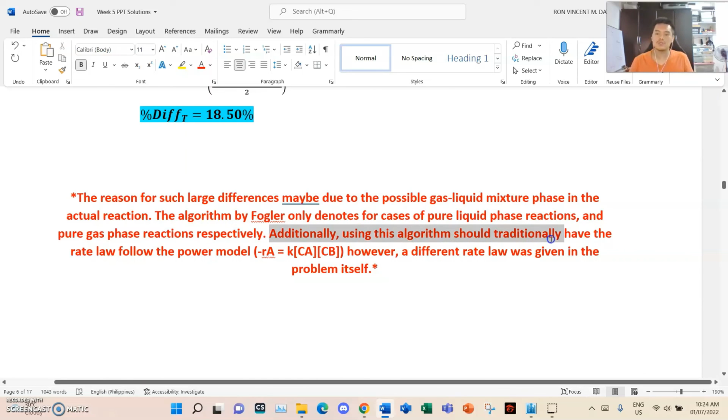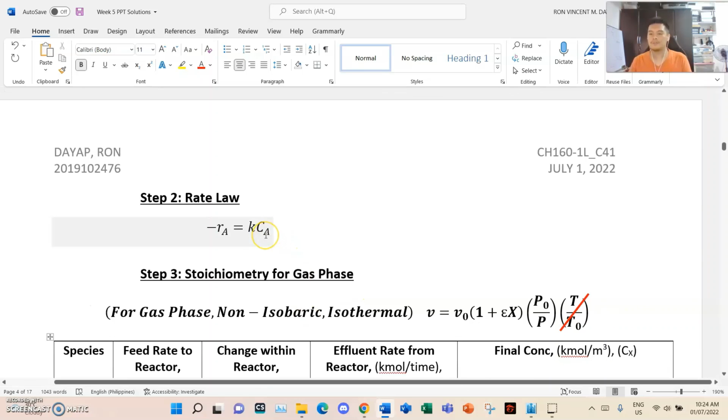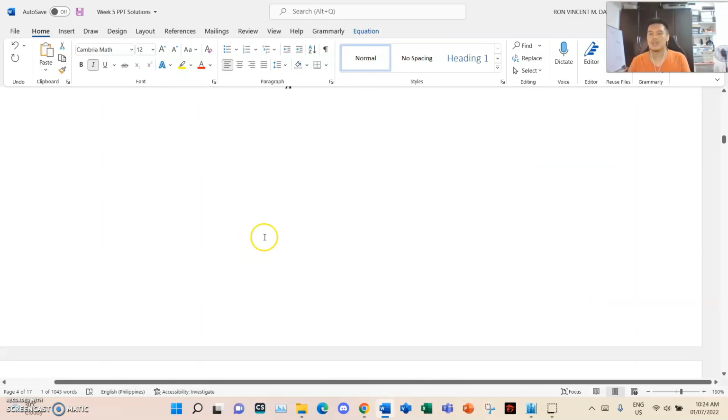Additionally, using this algorithm should traditionally have the rate law follow the power law model, negative rA equals k CA CB. However, a different rate law was given in the problem itself. The power law model essentially states that the rate is equal to the reaction rate constant k times the concentrations of the reactants.